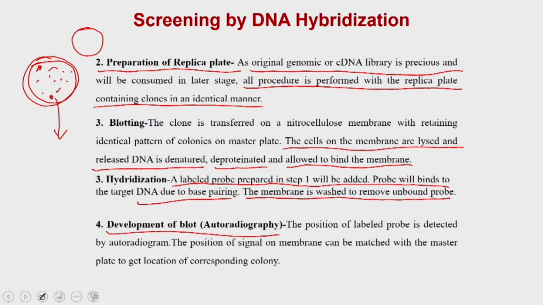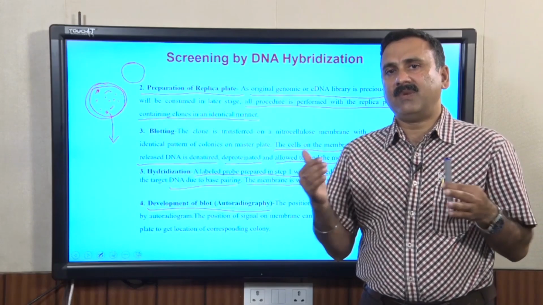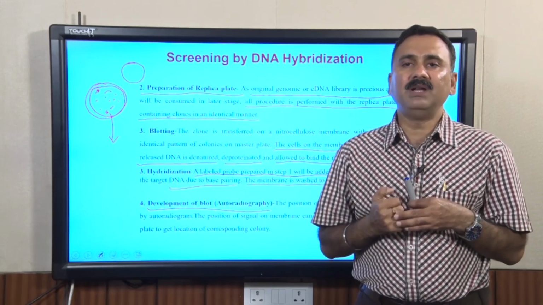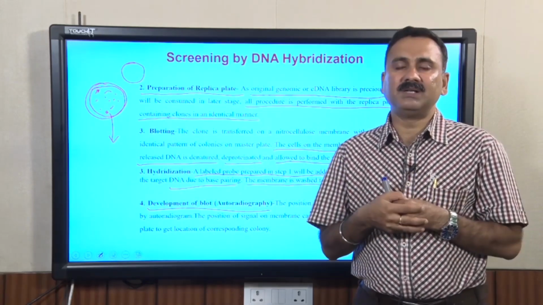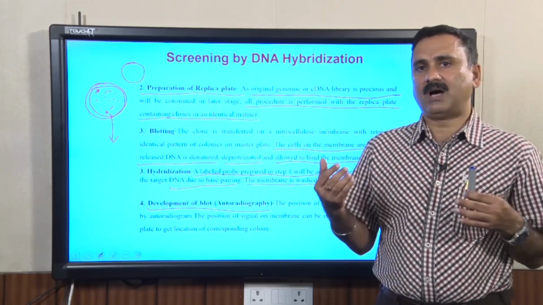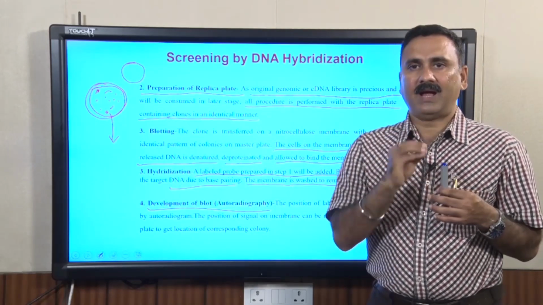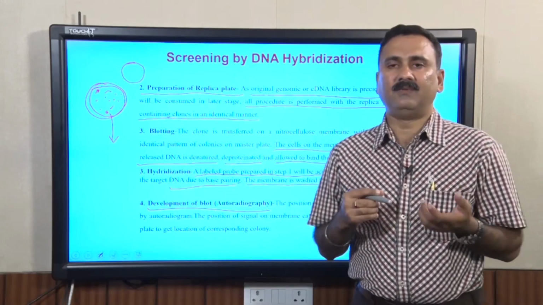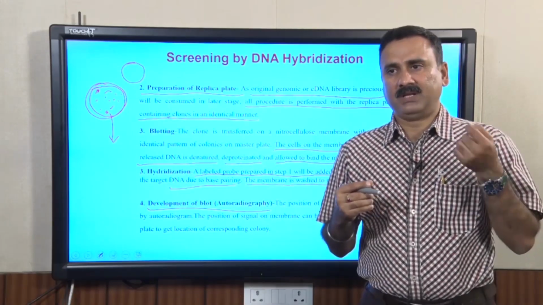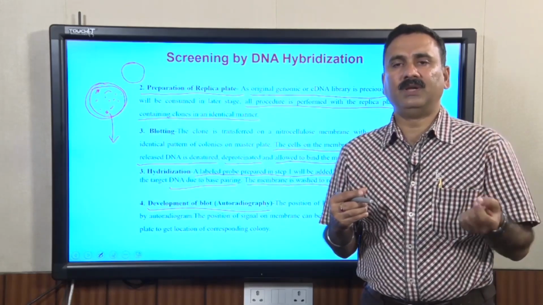So, autoradiography means you will use the X-ray films and put the X-ray film on top of the membrane, and what will happen is the membranes are having the radioactivity. So, they will produce the beta particles, and these beta particles are going to interact with the film, and once they interact with the film, they are going to give you the signal.